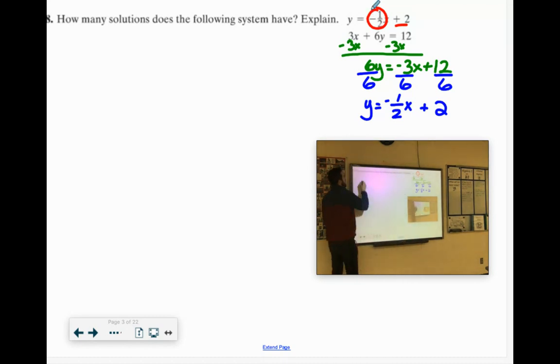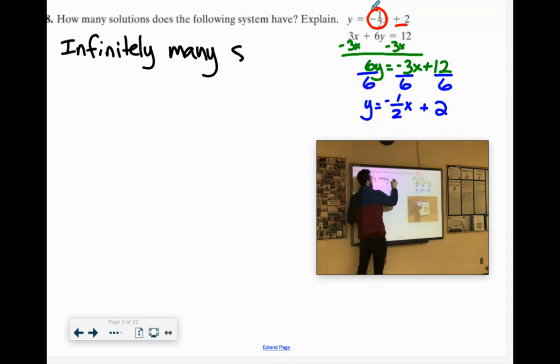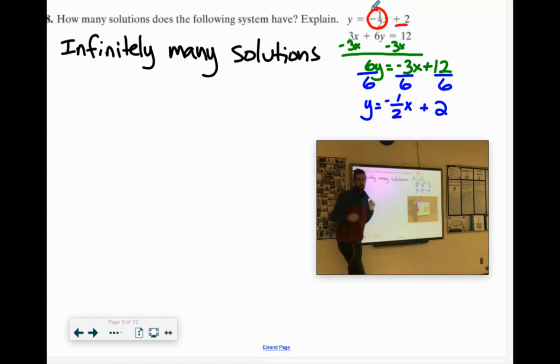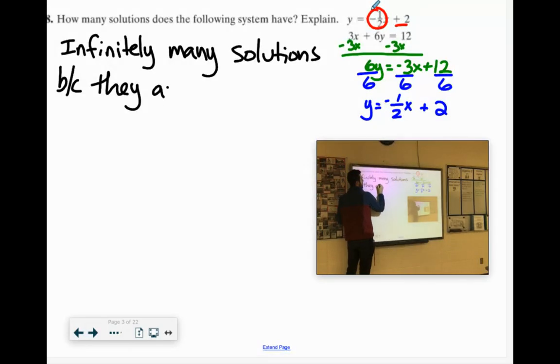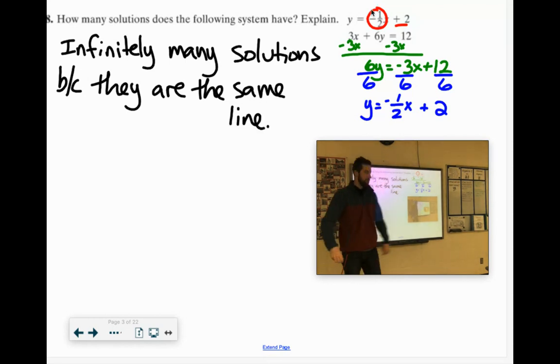So we will have infinitely many solutions because they're the same line. They are the same line. Great. To the next one.